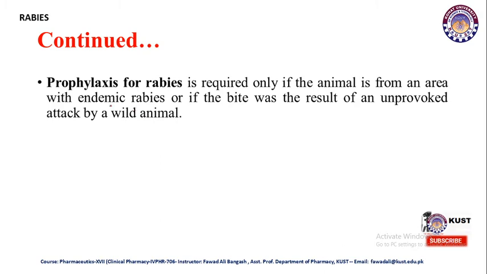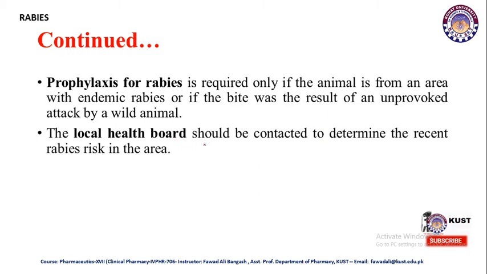Prophylaxis for rabies is required only if the animal is from an area with endemic rabies, or if the bite was the result of an unprovoked attack by a wild animal. Then we use rabies vaccination prophylactically.